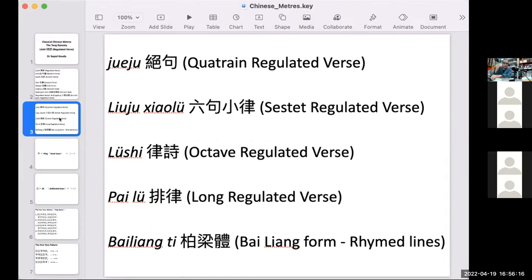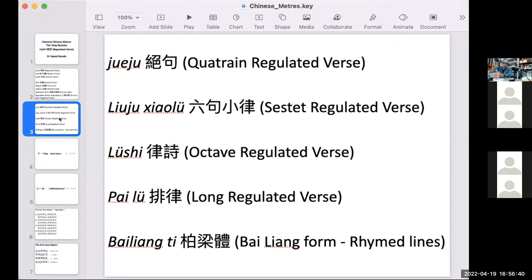Or octave, meaning 8 lines. Usually the regulated verse comes in octave form, meaning 8 lines, Li Shi. And of course, all the others were used, but the Li Shi refers to the 8-line poem. Or Pai Li Shi when it's more than 8, when it's 10 or more.